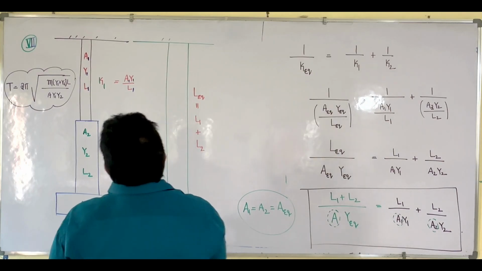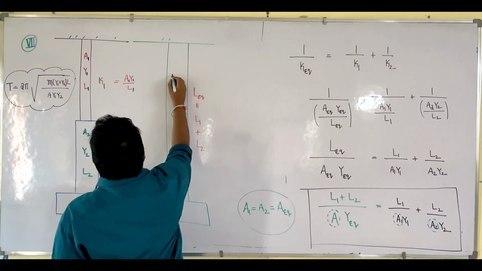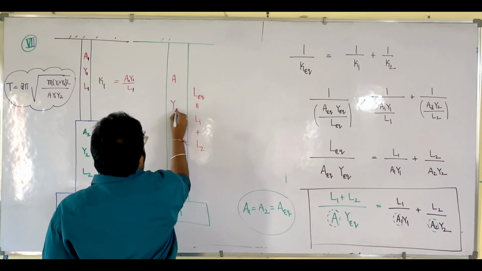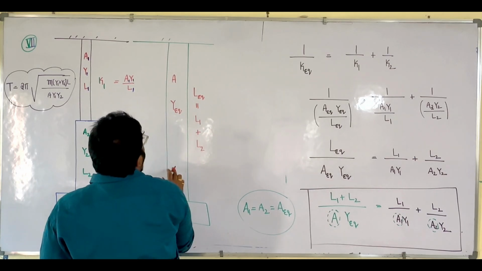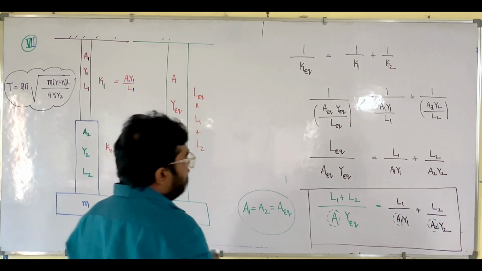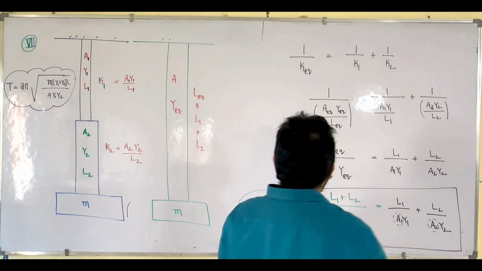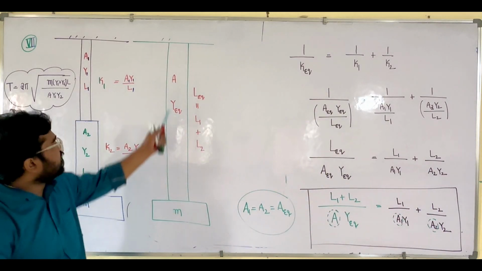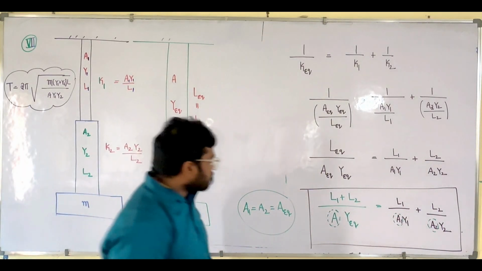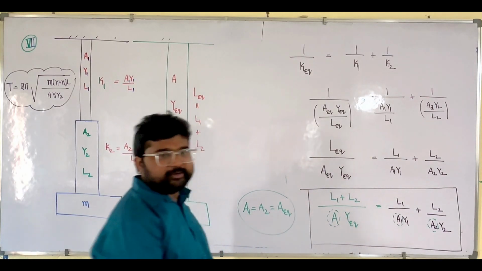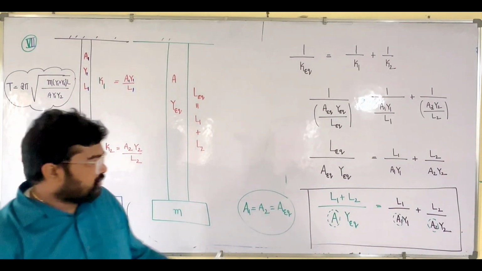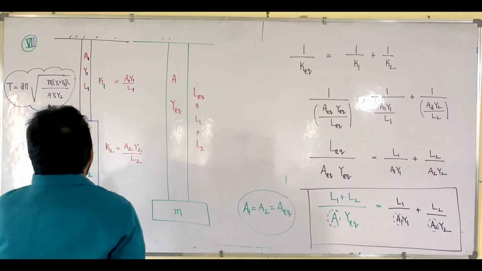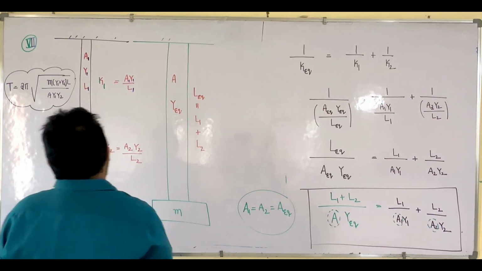This would be A. Y equivalent, L equivalent. Completed. Understood or not? This A you can calculate, the corresponding AY you can calculate. So all areas must be the same. You need to put A1 equal to A2 equal to A. Are you following? Equivalent rod calculations.